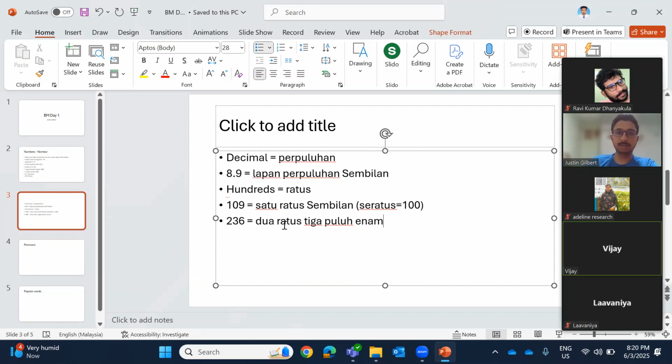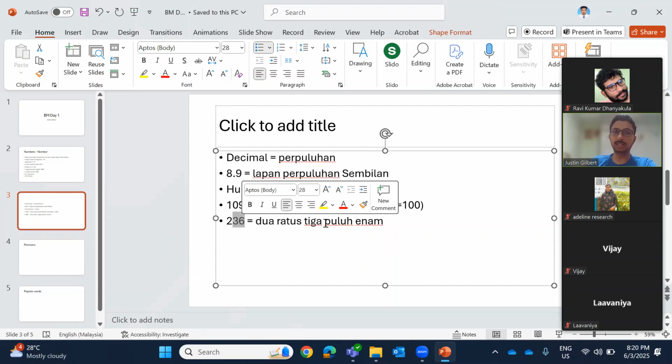So in this case, what we did was we write the word dua ratus. And then since this is a number that we can read on its own, we cannot say dua ratus tiga enam. So we need to say tiga puluh enam, because this is how we pronounce 36 in isolation.